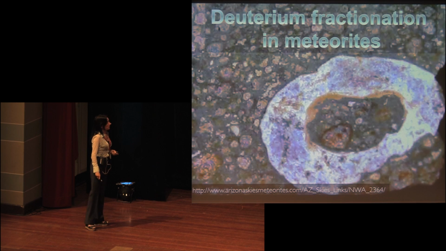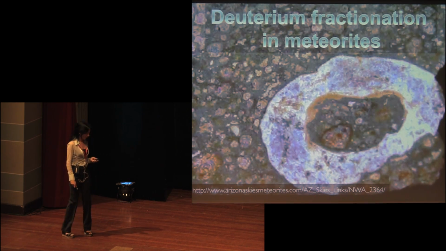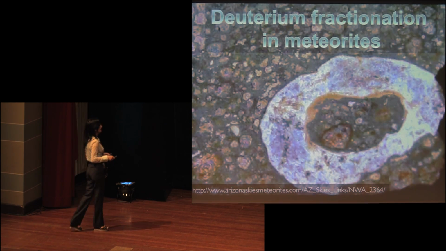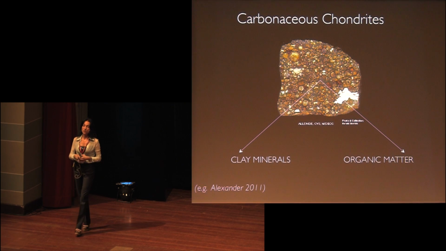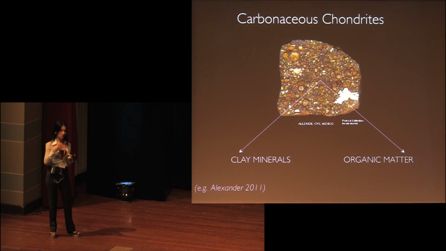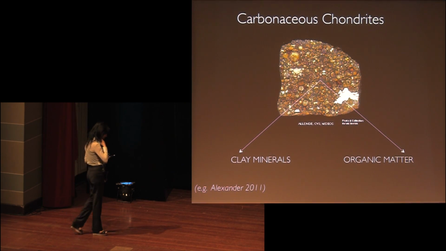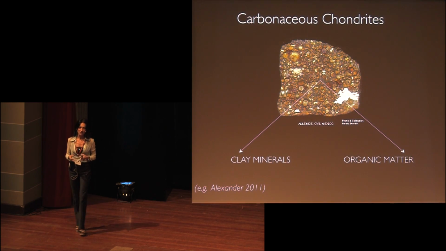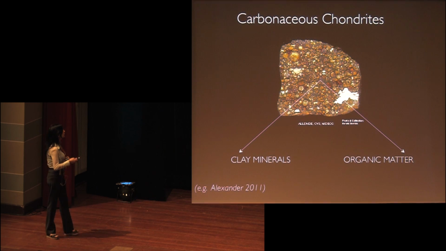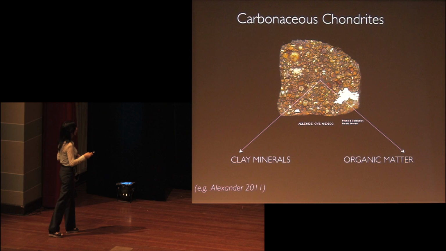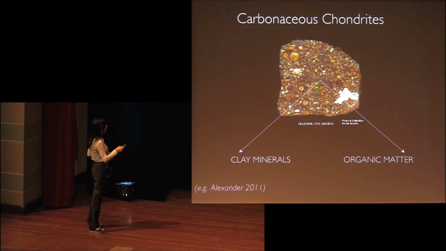Deuterium fractionation in meteorites. This is one of my preferred pictures for that, the oldest piece of our solar system. And what we want to concentrate on here, because of course to make the links with the chemistry in the interstellar medium, are these organic-rich meteorites that are called carbonaceous chondrites, and we will in particular focus on the matrix that holds together these nice chondrules and other stuff.